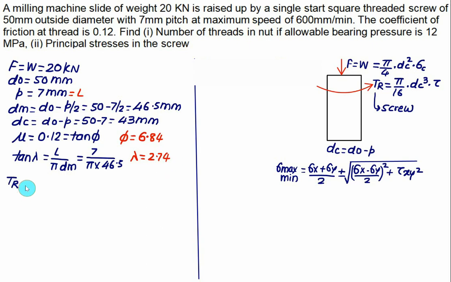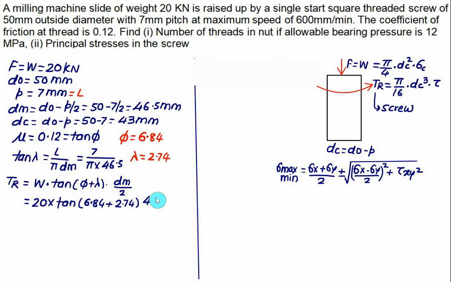Torque required to overcome the friction between the screw and the nut will be equal to W, that is F, multiplied by tan of phi plus lambda multiplied by dm divided by 2. We have W equal to 20 kilonewton, so 20 into tan of phi value 6.84 plus lambda 2.74, multiplied by mean diameter dm 46.5 divided by 2.